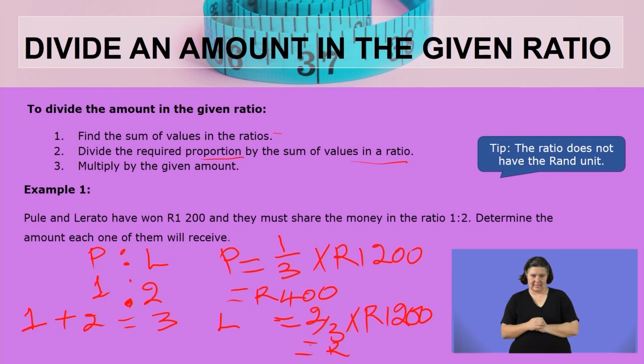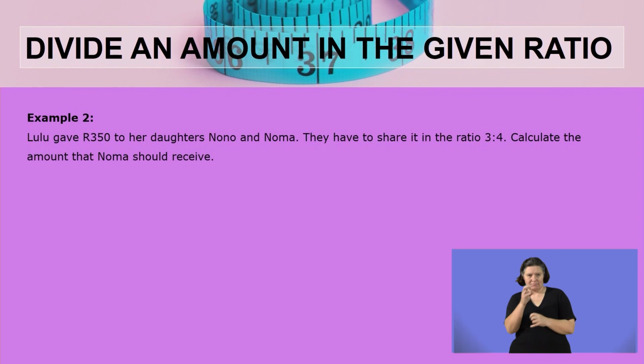The other way of getting the second amount can be to subtract 400 from 1,200. But as well, you can continue with the method of determining the ratio. That will help you because you won't mess up then. Okay, so the question was worked out. I hope you can see in the background today.